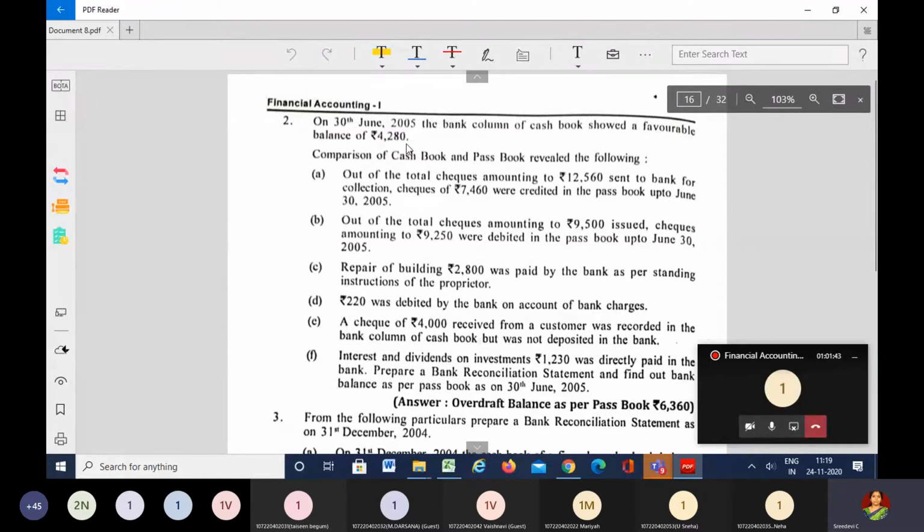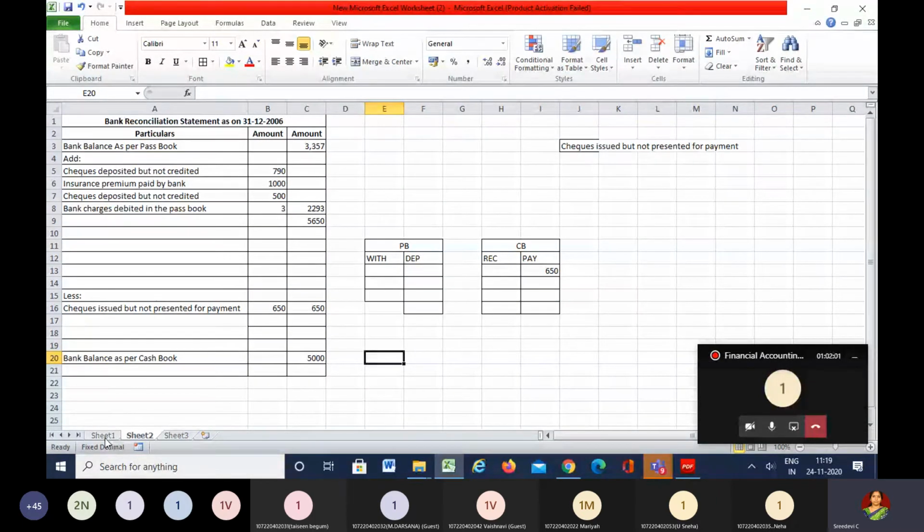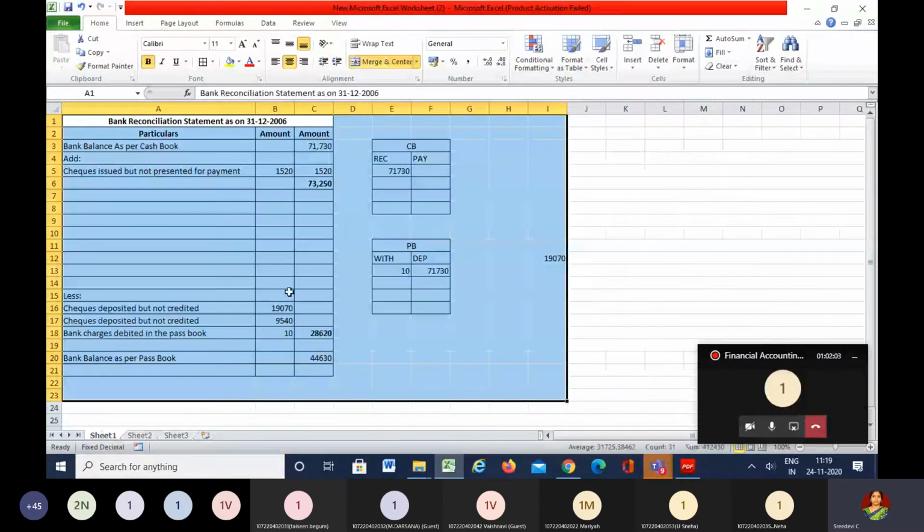So it's nothing but bank balance as per the cash book. Is it clear? Yes, ma'am. Okay, so it's talking about bank balance as per the cash book, which is 4,280.